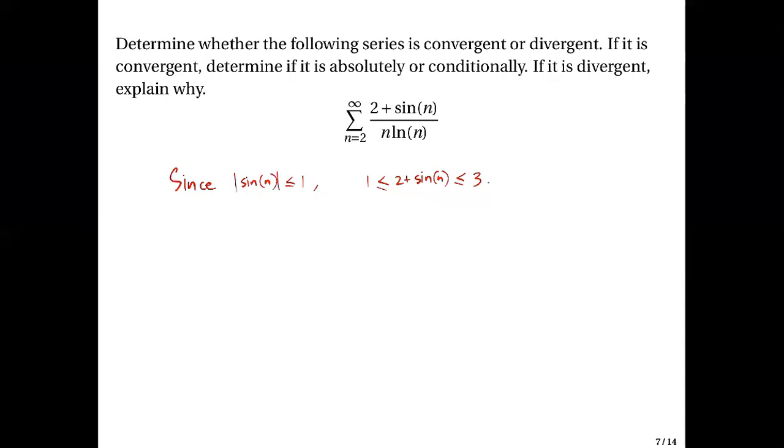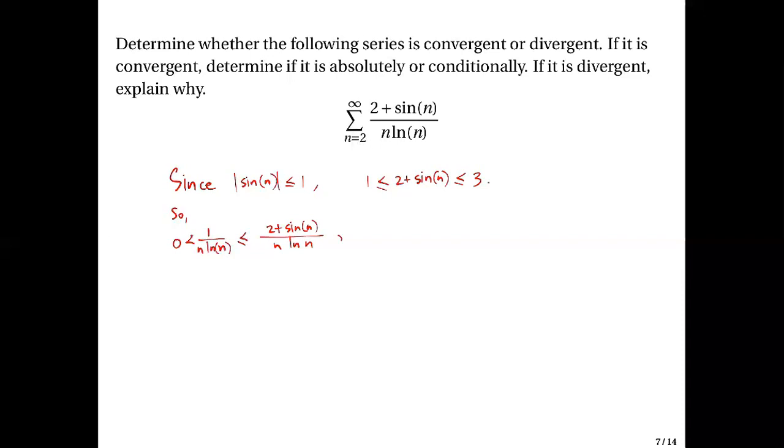So in here, 1 over n ln of n is less than or equal to 2 plus sine n over n ln of n. And take note that this is greater than 0 since n starts from 2.